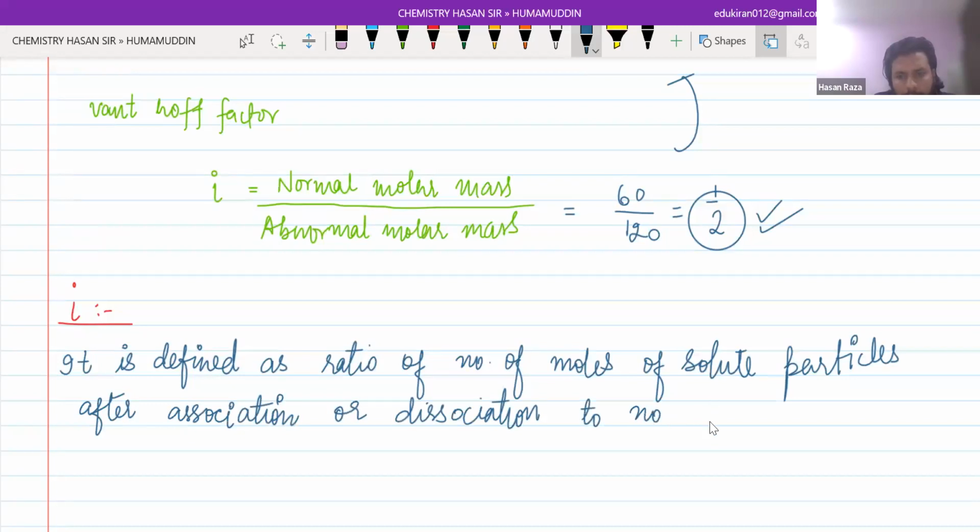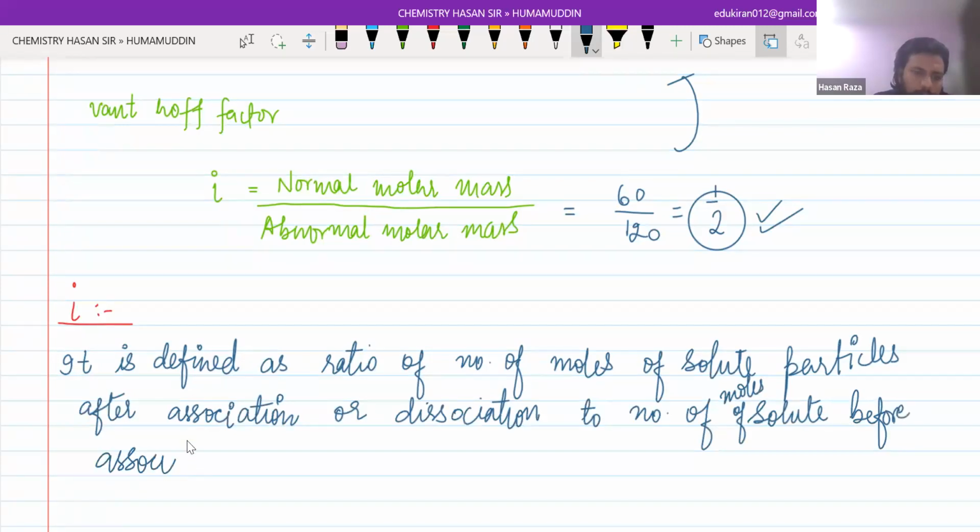to the number of moles of solute before association or dissociation.